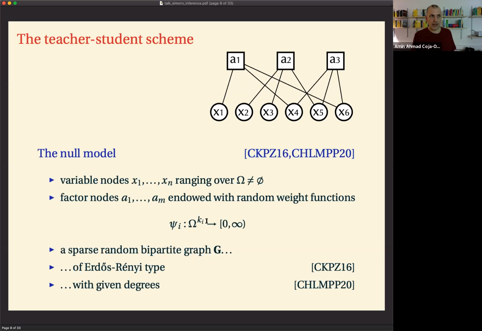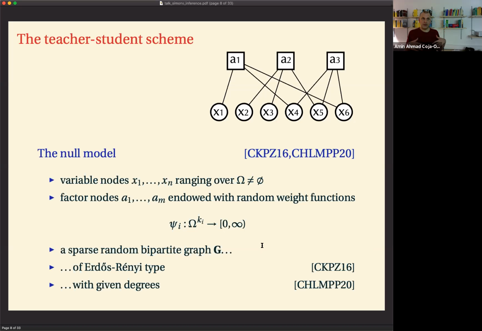This weight function takes as input the spins or the values assigned to the adjacent variables and spits out a non-negative weight, how much effectively this corresponding factor node likes that value combination.